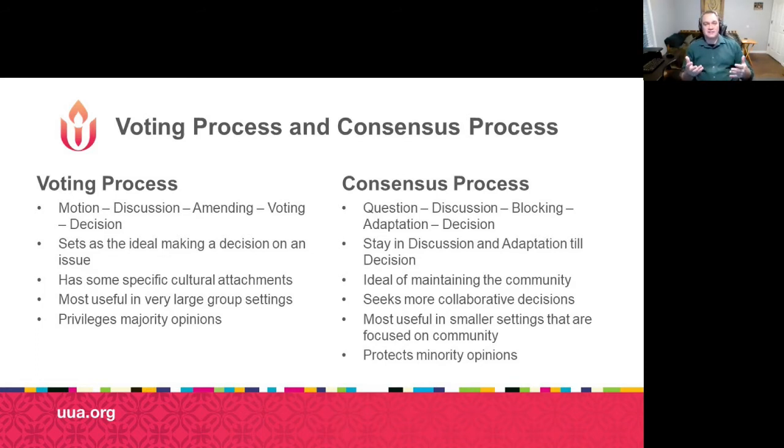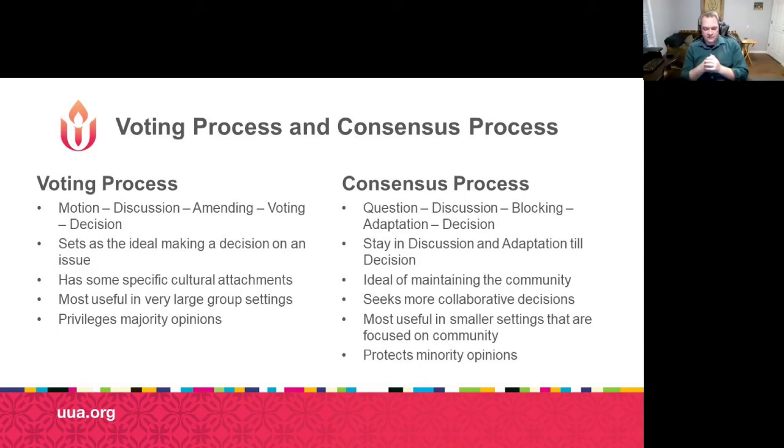Few boards actually function formally under that kind of voting process. It sets the ideal in making a decision, this kind of process. Voting processes say the most important thing is that we make a decision. And it has some specific cultural attachments. It's designed around white supremacy cultural context, that the outcome is the most important thing. It allows people to utilize it.